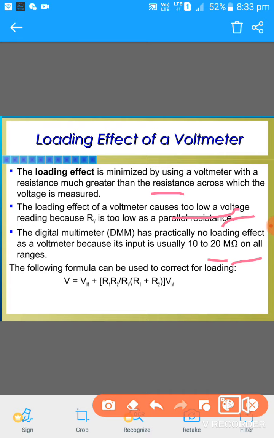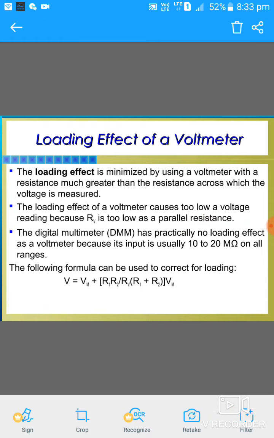The following formula can be used to correct for loading: V equals the multimeter voltage plus R1 into R2 by Rv in bracket R1 plus R2 multiplied by the multimeter voltage.